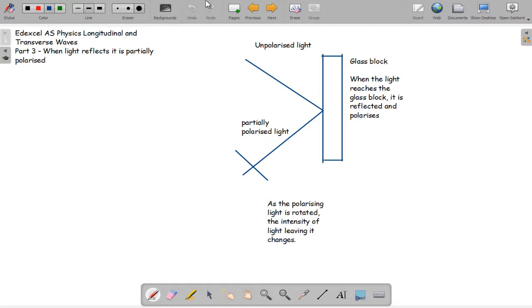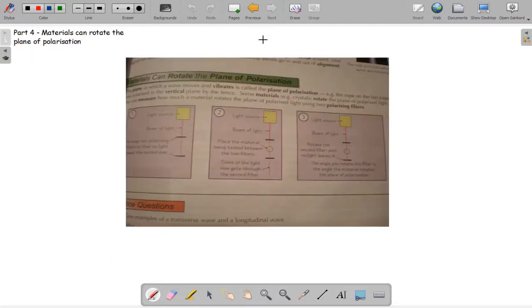Now a real life example. Television and radio signals are polarized. If you look at a TV aerial, it looks like this, and it has little bars coming out of it like that, and there's the wave going down the cable all the way down the chimney to your TV set.